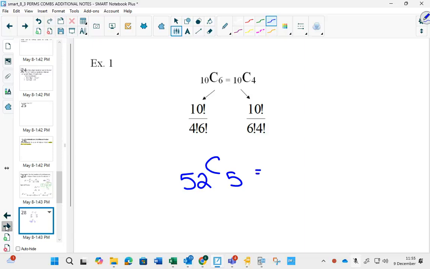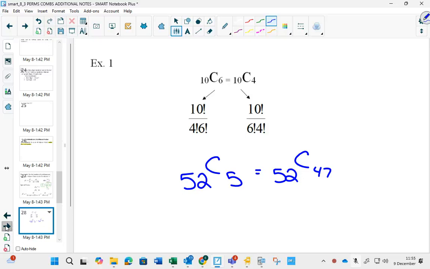It would be exactly the same as 52 choose 47. Making a group of 47 would be complicated and so big to organize. And then you have to be like, well, which cards are missing? That's your poker hand. That would be really annoying.